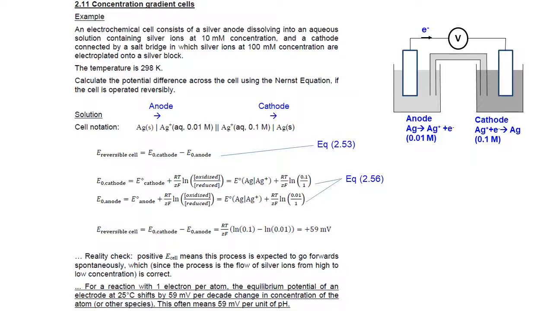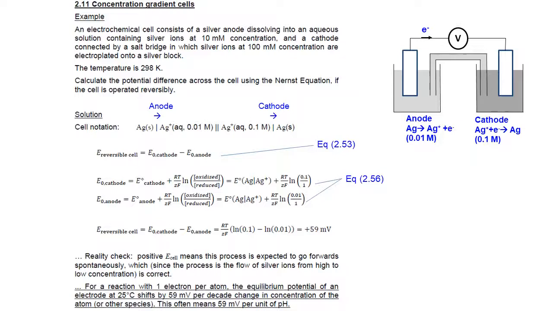All we need to do is use the Nernst equation to get the equilibrium potential for the anode and separately for the cathode, and then use equation 2.53 to identify that the cathode equilibrium potential minus the anode equilibrium potential gives the reversible cell potential. If we plug in the given values, then the reversible cell potential comes out to be plus 59 millivolts.